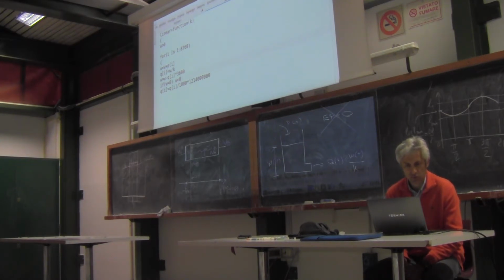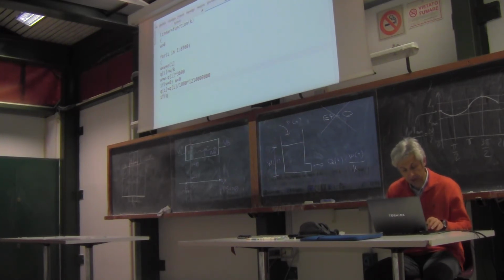In this way it should work. And I think we should put another control here, which is if Q is greater than 1 million, let's write Q equal 1 million.